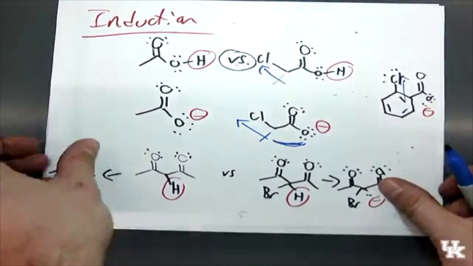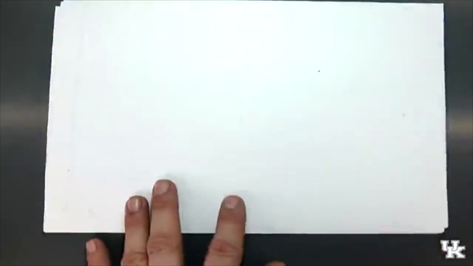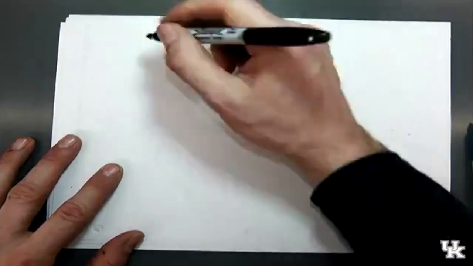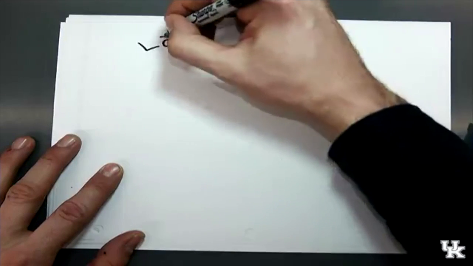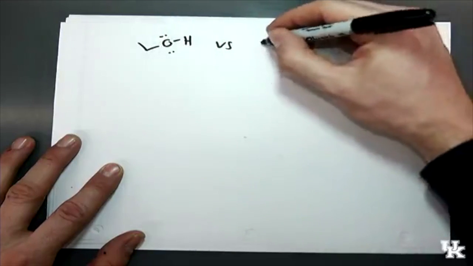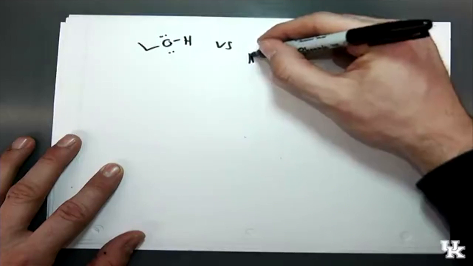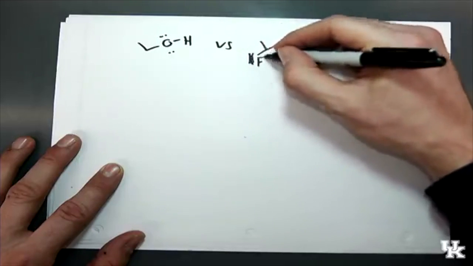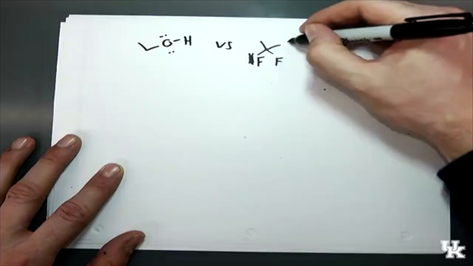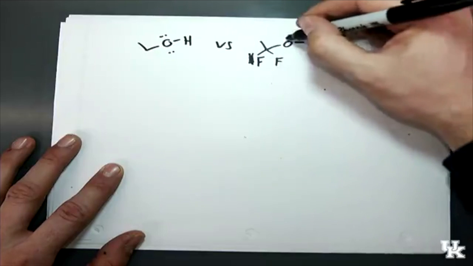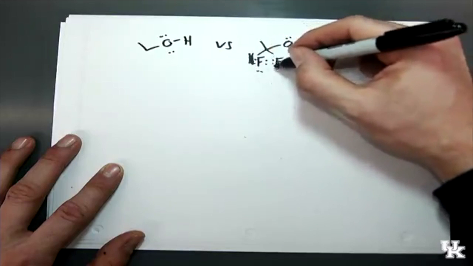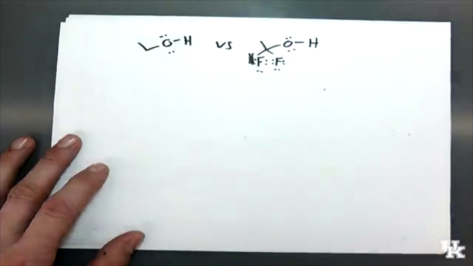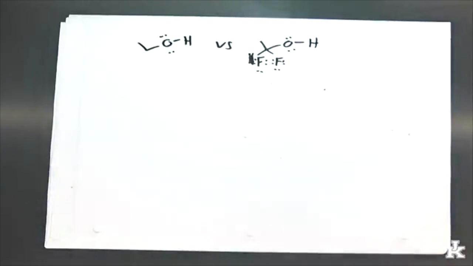Just to give you an example that doesn't have resonance, if you're comparing ethanol versus difluoroethanol, these all have their lone pairs. First, what do we do? We make the conjugate base of these molecules.